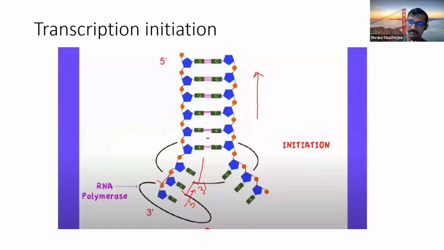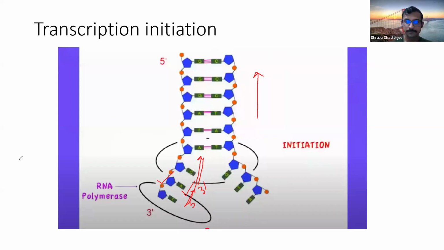And this transcript being formed by the RNA polymerase will be an mRNA transcript, which means that this will be formed as a result of the addition of not deoxyribonucleoside triphosphates, but ribonucleoside triphosphates, right? That is, the sugar will be ribose.